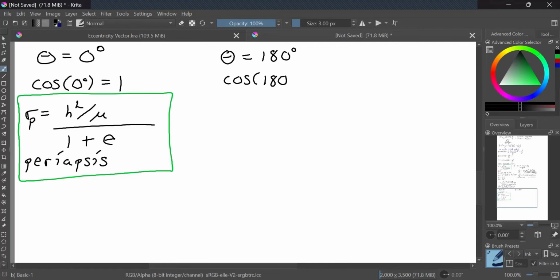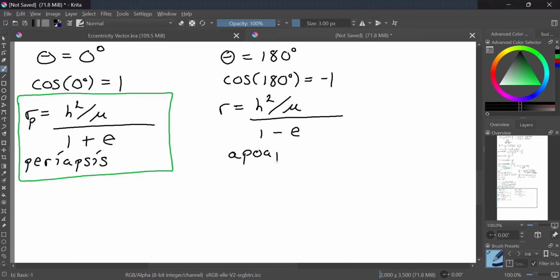Sure enough, if we plug that into our cosine, that is going to be -1, the smallest that cosine is ever going to be. So if we rewrite our equation here, that's the smallest our denominator is ever going to be, and that's the furthest away that our satellite is ever going to get. We will call that the apoapsis.